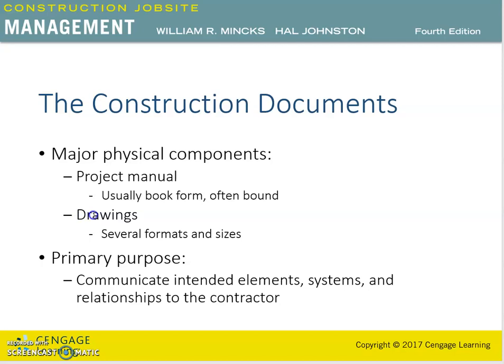There are various formats for both components, which depend on the construction type and the local customs. The primary purpose of these two physical components is to communicate the intended elements, systems, and relationships to the contractor.